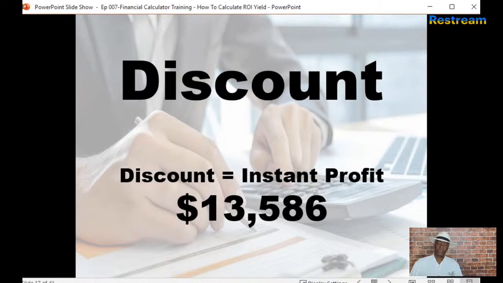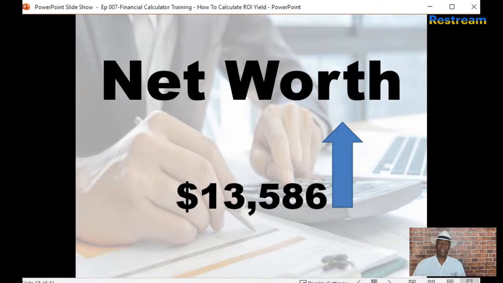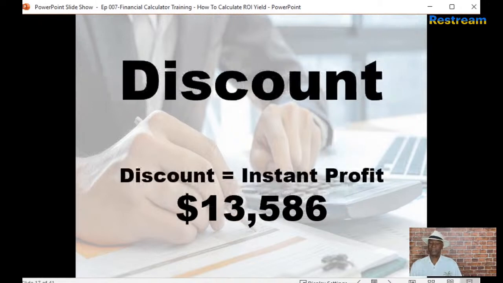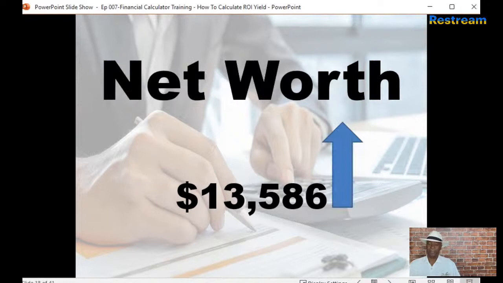That's the difference between what I paid for the note and what they owe on the balance. Because think about this, I paid $73,000 and some change, right? If they were to sell that house the very next day, they owe me the full balance. They don't just owe the $73,000 or whatever that was that I paid.